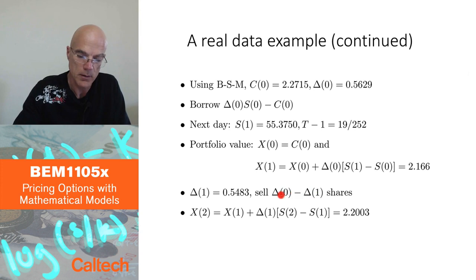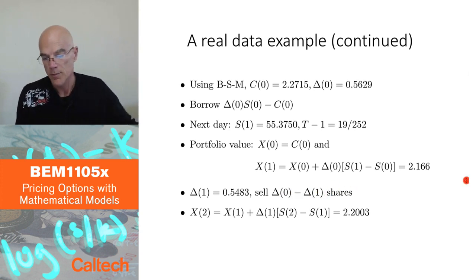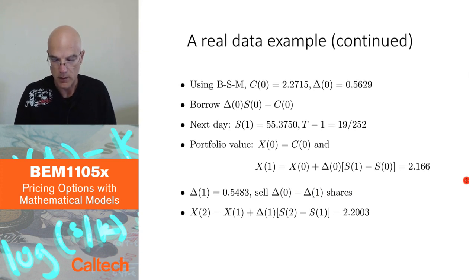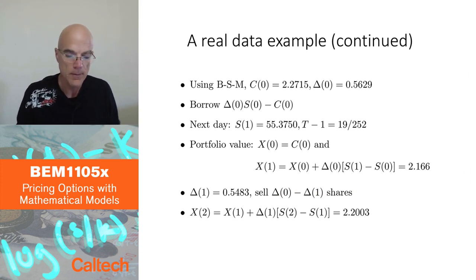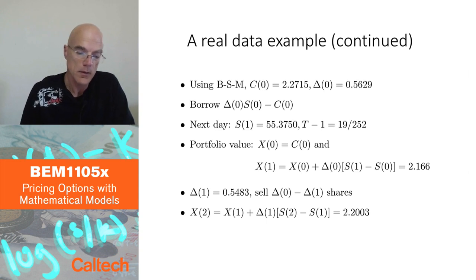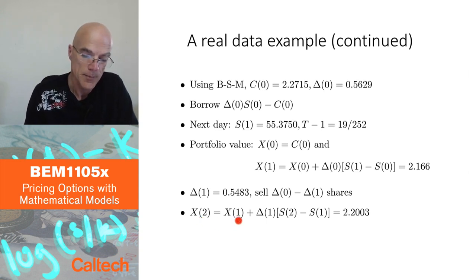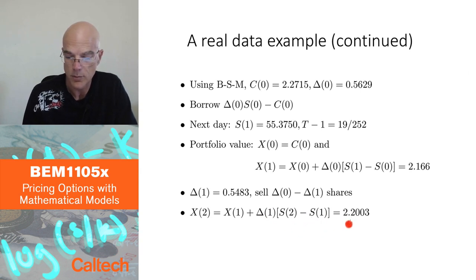I sell the difference and put the money in the bank, just reducing the money that I borrowed. Then my X of 2 is going to be X of 1 plus the new number of shares during the second period, between day 1 and day 2, times the change in the stock price during that period, and it's going to be 2.2 basically.